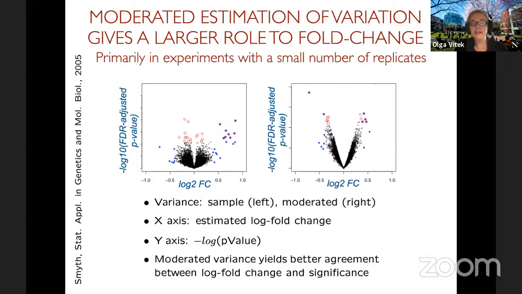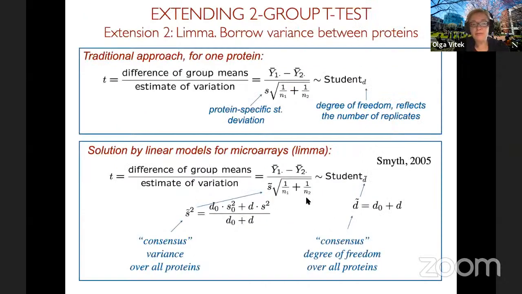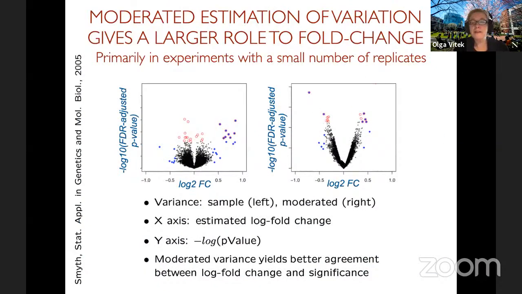After moderation, the volcano plots become more aligned, meaning that the noise now is a lot more constant between proteins, so a lot more similar for all the proteins, meaning fold change plays a more important role in statistical significance. And so now the fold change is much more consistent with the statistical significance.